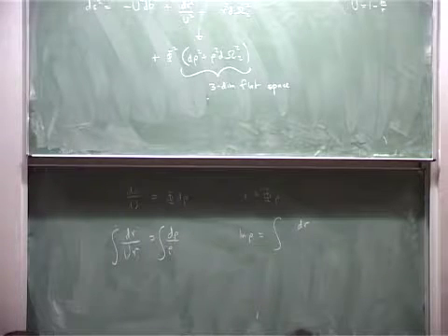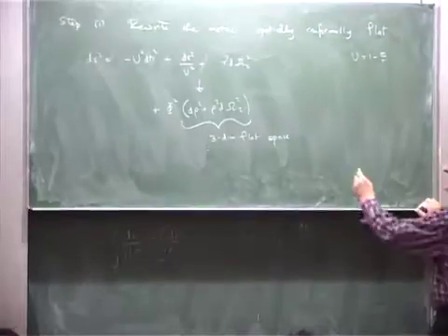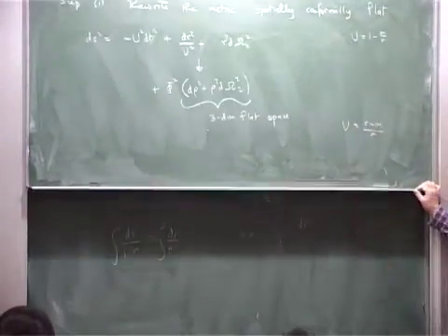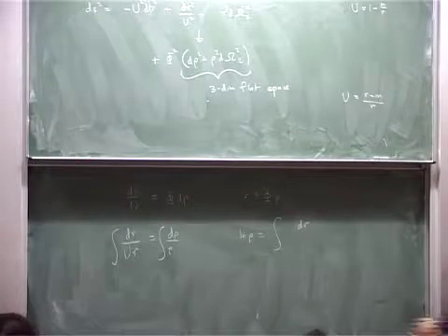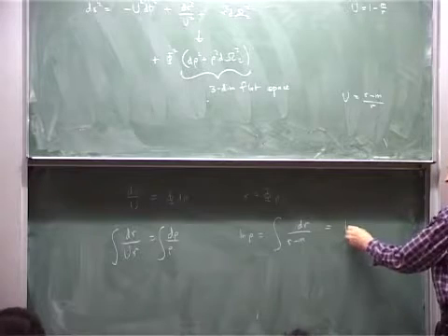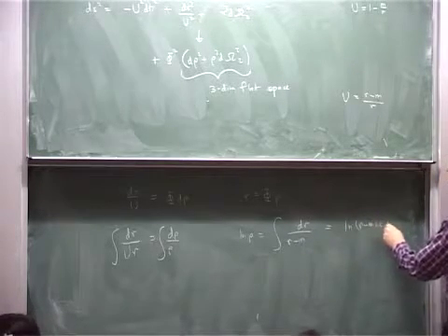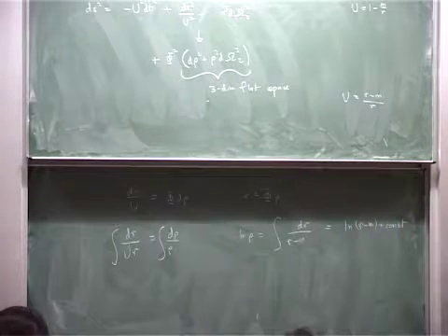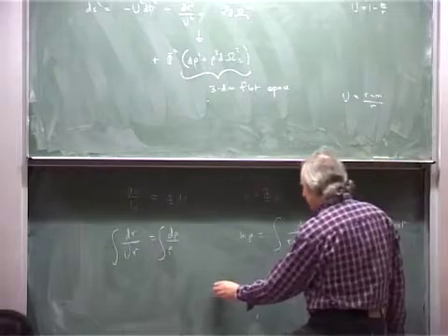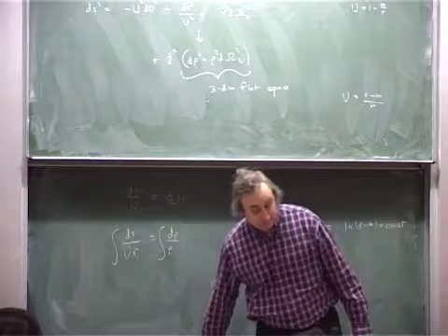But u is equal to r minus m over r, so ur is just r minus m. So this is the logarithm of r minus m, I'm going to take the positive, plus a constant. You may as well choose the constant to be 0, so you want to make the substitution rho is equal to r minus m, which is very trivial.